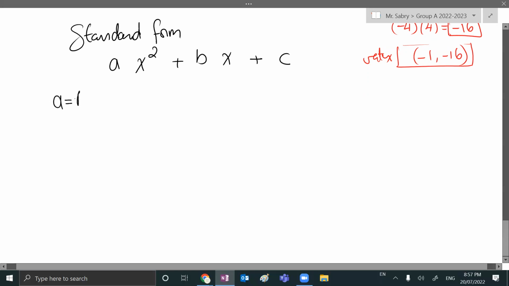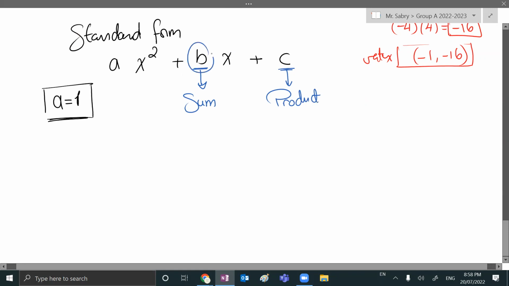Whenever a is equal to 1, as long as a equals 1 and not anything else, I can call this B the sum of the solutions and I can call this C the product of the solutions. But this B is the sum with the opposite sign. And this C is the product but with the same sign.